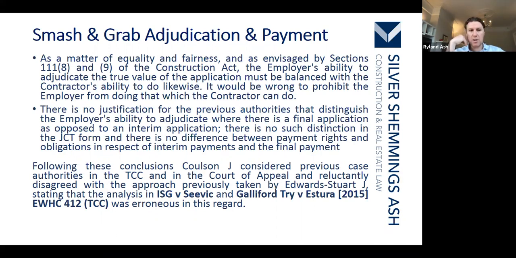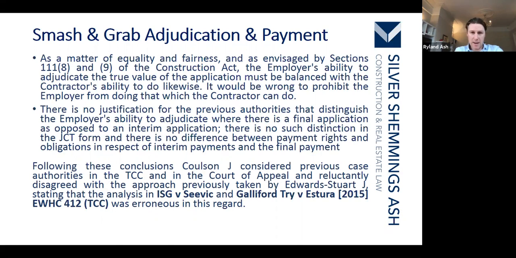There's no distinction in the JCT form. There's no difference between the payment rights and the obligations in respect of interim and the final payment. So following these conclusions, he was considering the previous judgments and reluctantly disagreed with the approach in Seavich College and Galliford Try and Estura, which followed it.